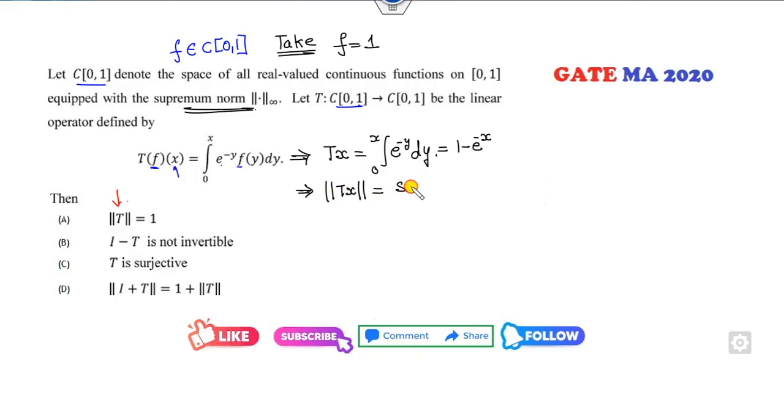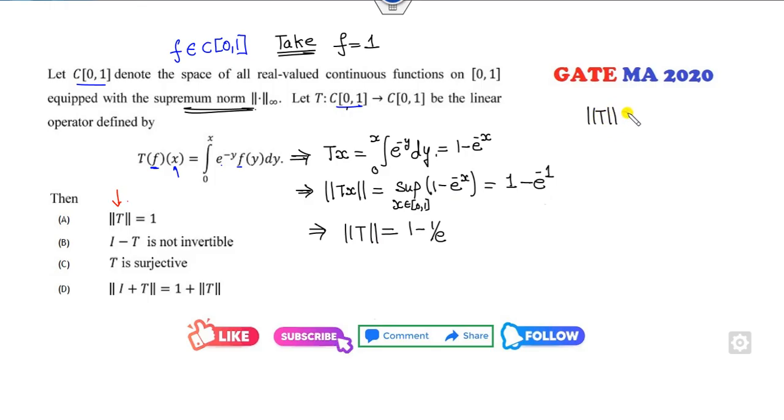It is supremum of 1 minus e raised to power minus x. Fine. And the domain is 0, 1. x belongs to 0, 1. So what is the supremum of this? x is 1, so e raised to power minus 1. So what is that? Norm of T is my 1 minus e to the minus 1.